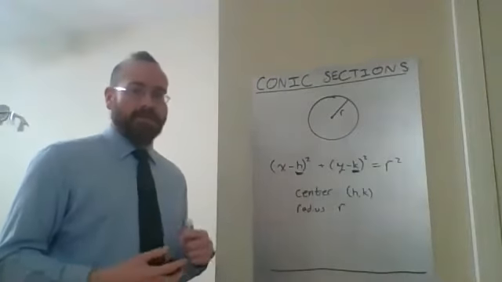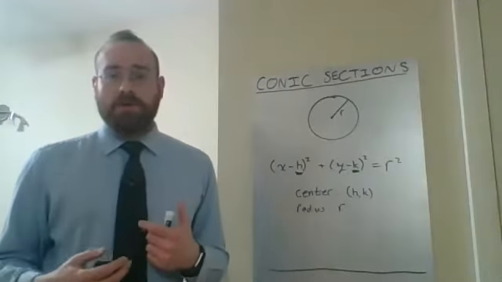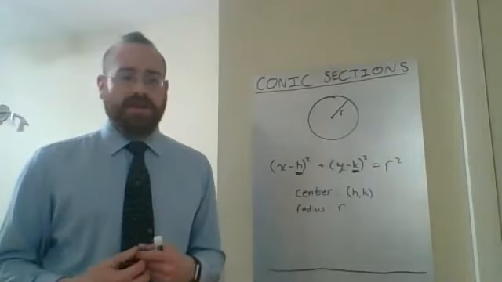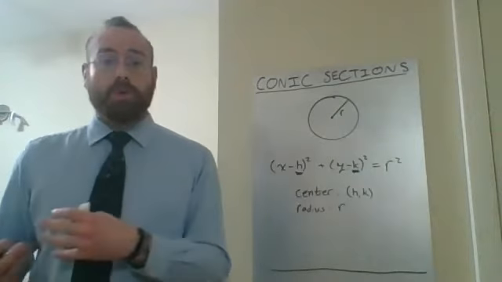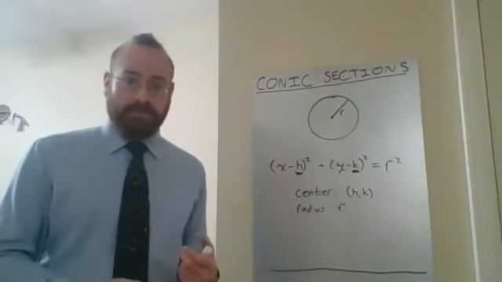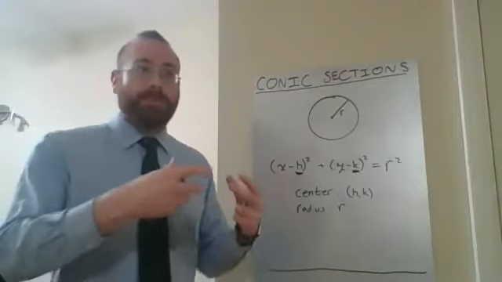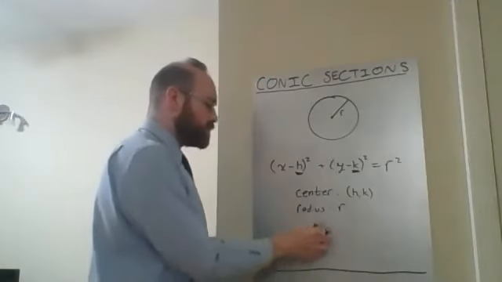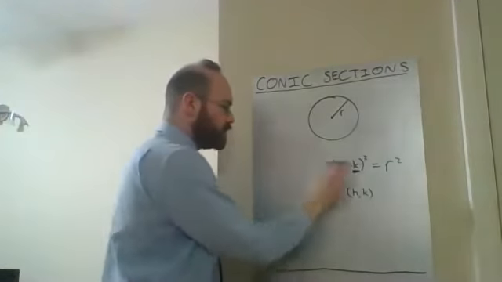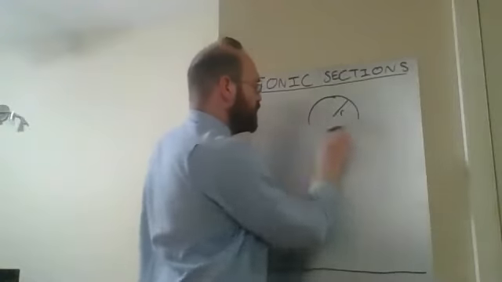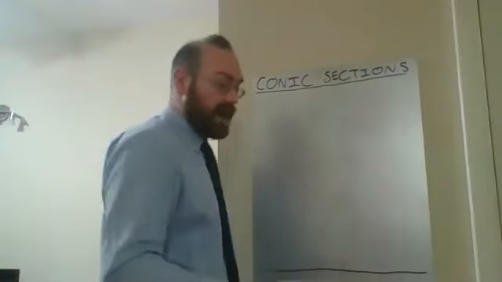But one of the big goals that we have in conic sections is being able to translate between equations and their graphs, which is the geometric representation of this algebraic relationship. So we're going to take a moment to graph a circle.